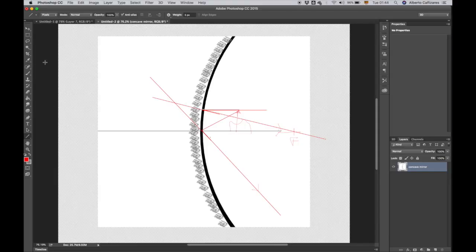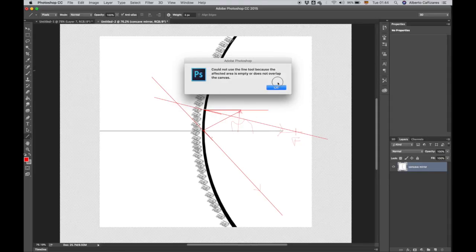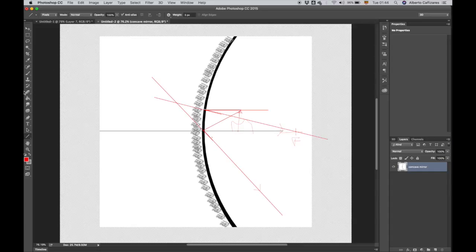So light is actually converging on this side of the mirror, which is behind the mirror, here, right? So the image is going to be behind the mirror.